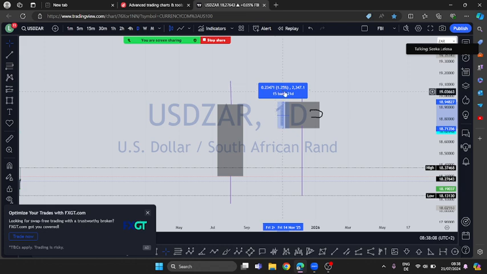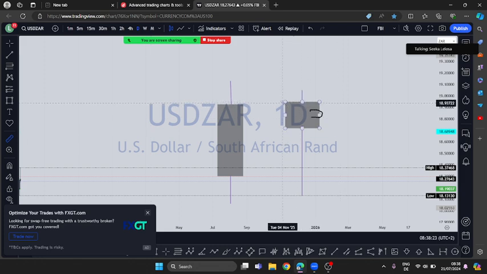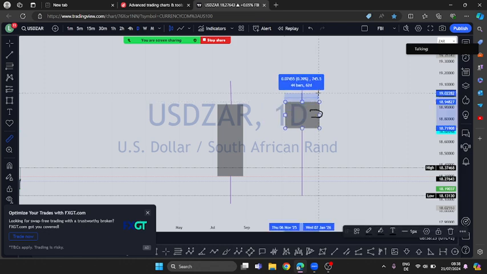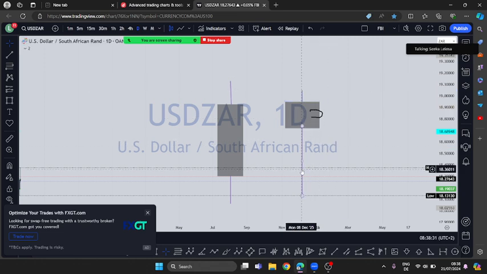It's 1.25, so times 2, it's going to be 2.5. It's less than 3.2, right? So this is still our demand candle, and this is 0.4, right?